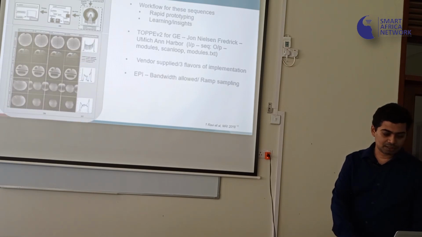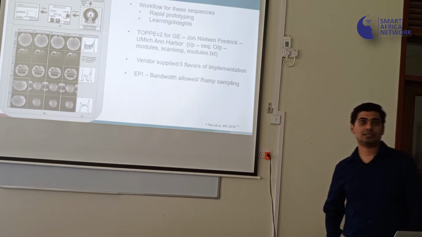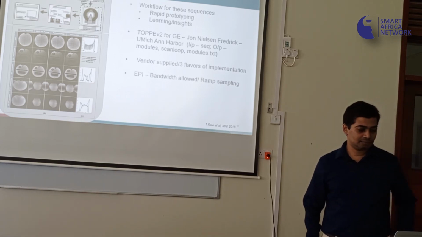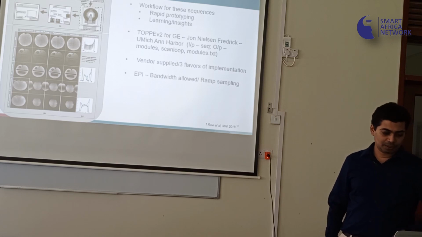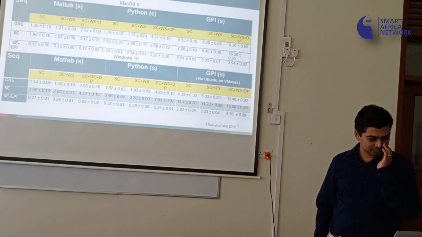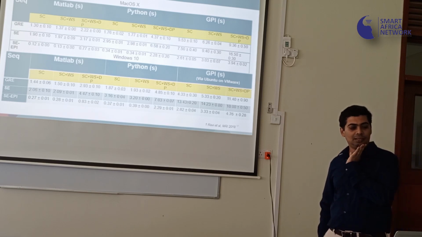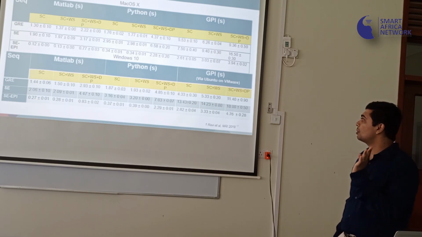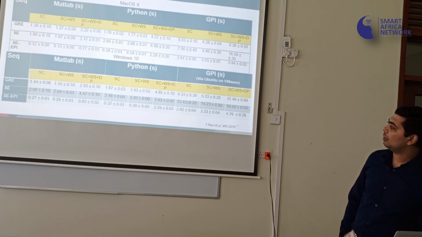We acquired some images too, and we compared it with the vendor, which is GE, and showed that you can acquire identical sequences between the two. This was at 1.5 Tesla. You can use this tool either on a Mac or on Windows. We've shown 3 particular sequences.